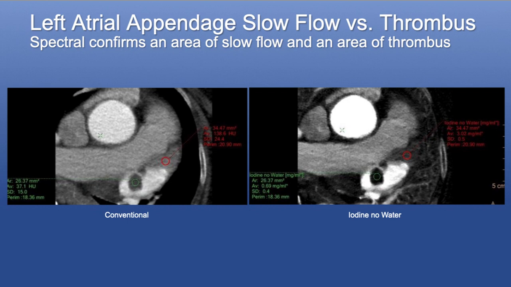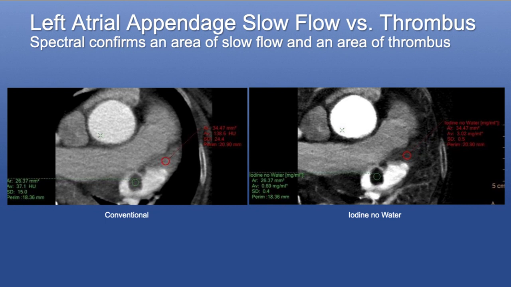Obviously, the disadvantages of TEE is that it's an invasive study that in some cases requires an anesthesiologist. If you want to be providing anesthesia, it may increase the cost and can lead to some complications. So if you can use CT, it's in particular better in the way that the patient doesn't go through invasive tests, and in particular, patients have normal renal function.